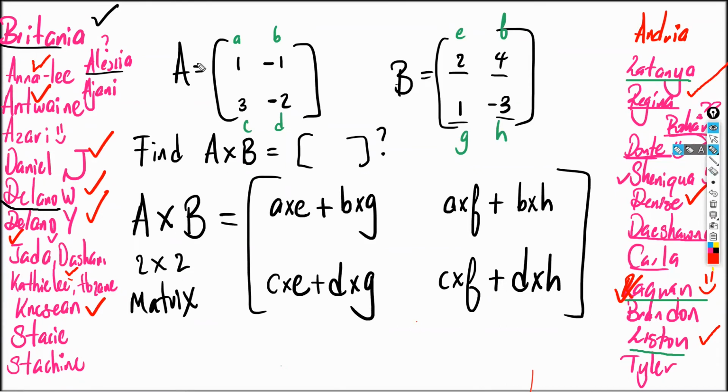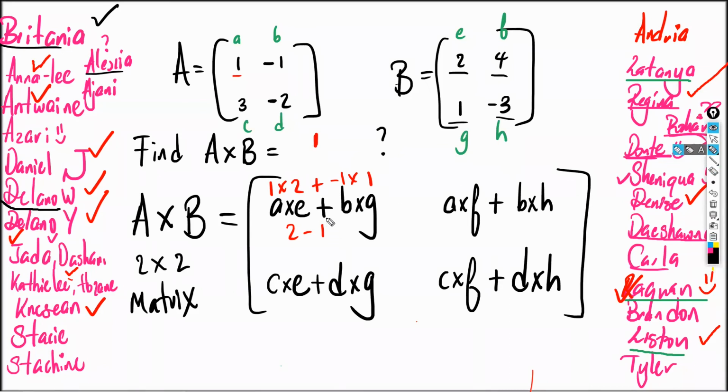The first one is A times E, so that's 1 times 2, plus B times G, so that's -1 times 1. This gives 2 minus 1, which is 1. So the first place is 1.